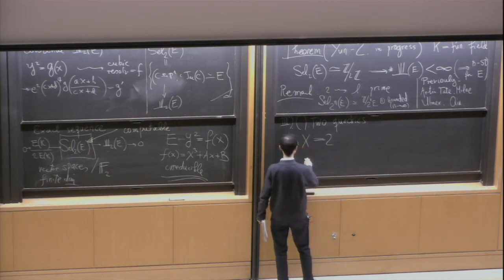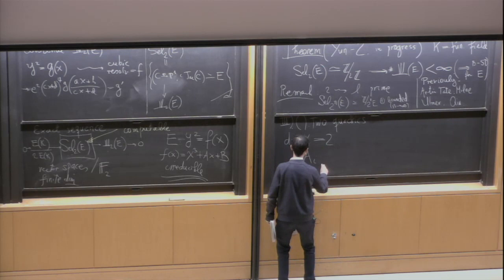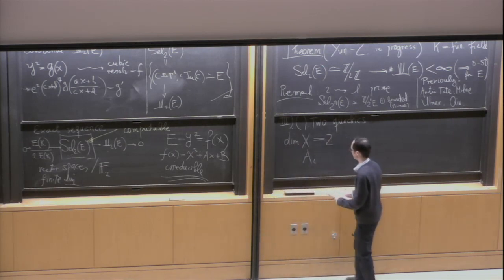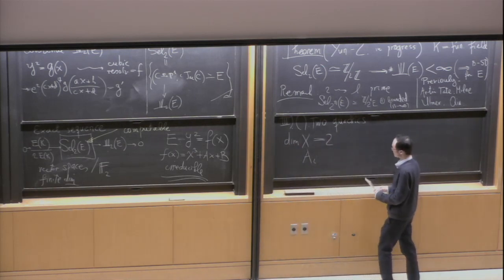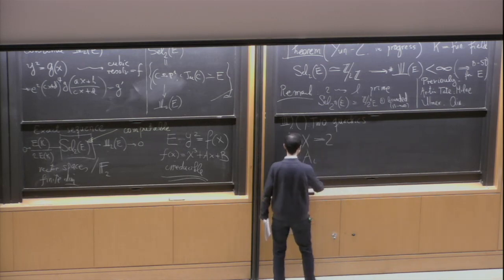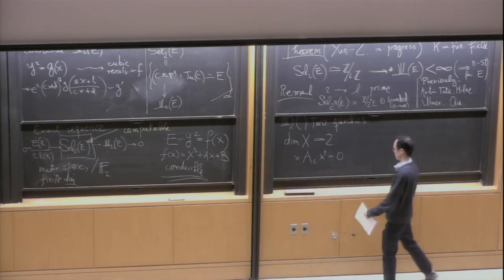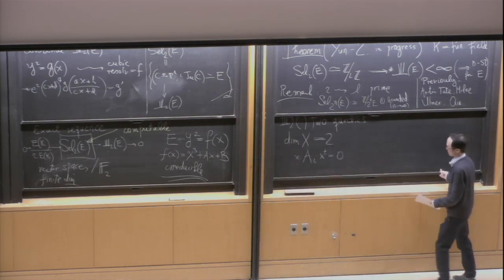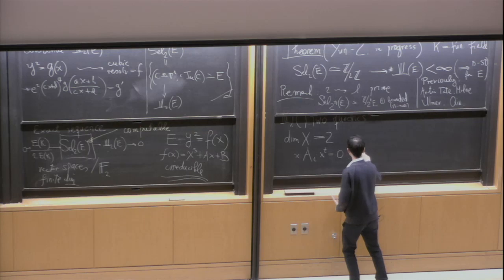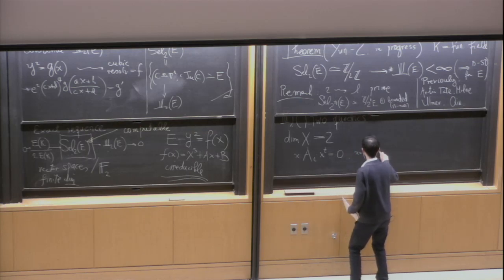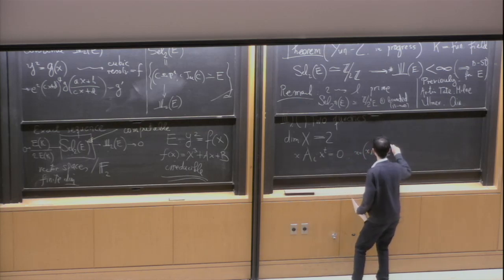In this case, let me assume I have two quadratic forms A1, A2. So I have two quadrics defined by these equations, where x has 6 variables.